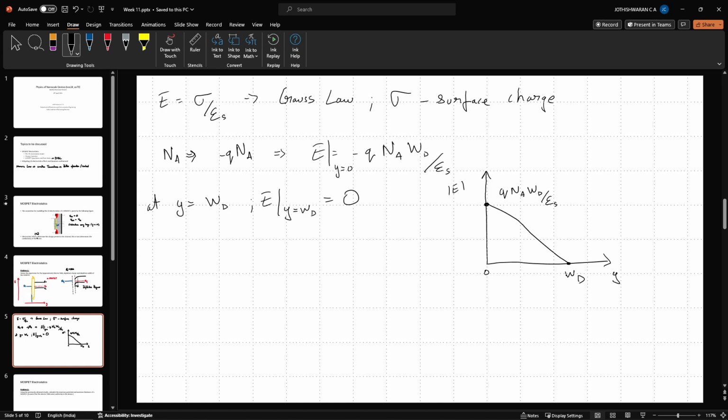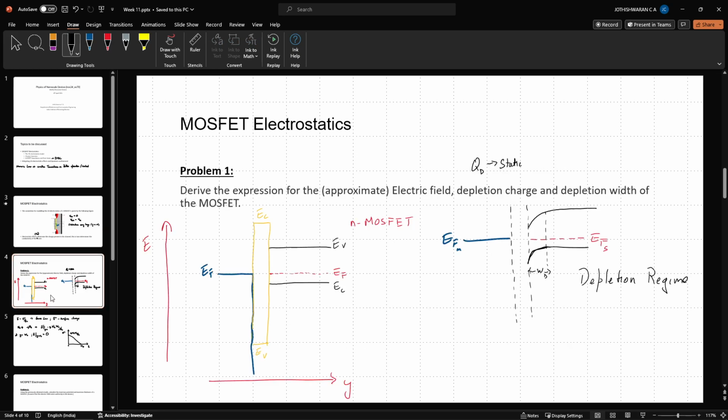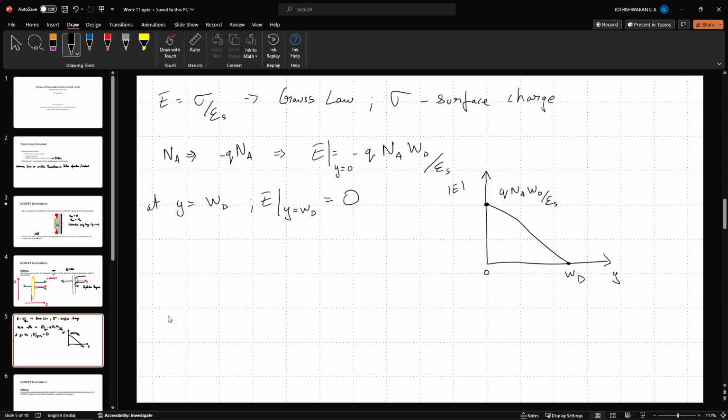So this is the variation of the electric field, and this gives us the approximate electric field at the interface. Okay, I should have also mentioned mean electric field over here. So a small rectification: this is not just the approximate electric field, this is the mean electric field in the system. So now how do we find the mean electric field?